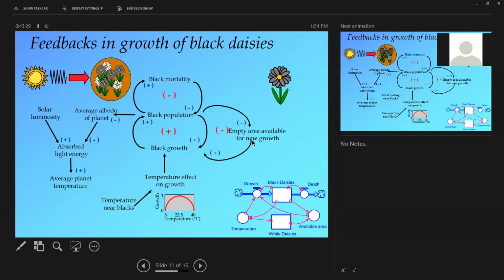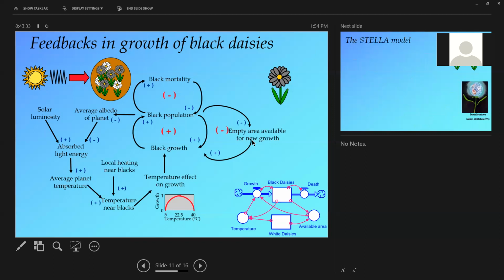So they're having a different effect on light energy absorbing, and they've got sort of a local heating effect. So mostly it's the same model, just very slight variations. So two really simple models, a model of white daisies and a model of black daisies, that we're joining together to create an overall model of the planet.